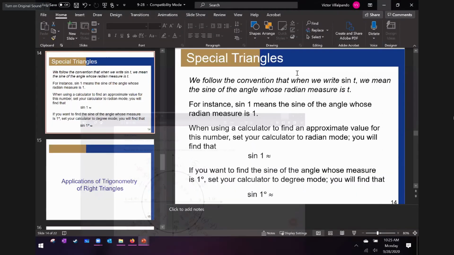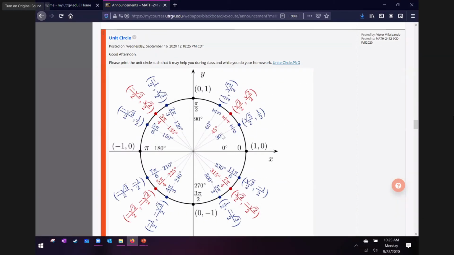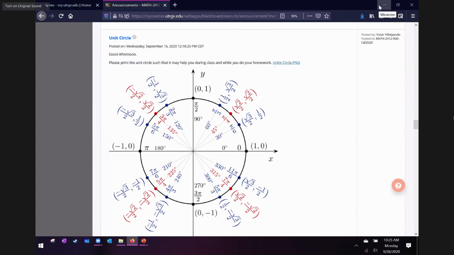So sine 1 means the sine of an angle whose radian measure is 1. When using the calculator to find the approximate value, set your calculator to radian mode, and you'll find that sine of 1 is some decimal value. The unit circle works off angles, but sines of single digit numbers work because they're in radians.